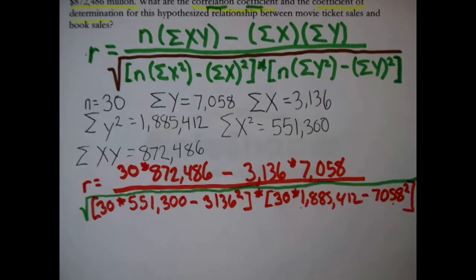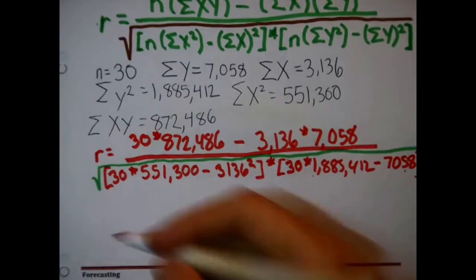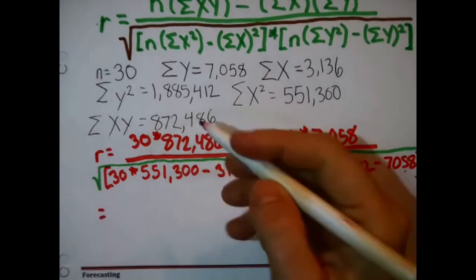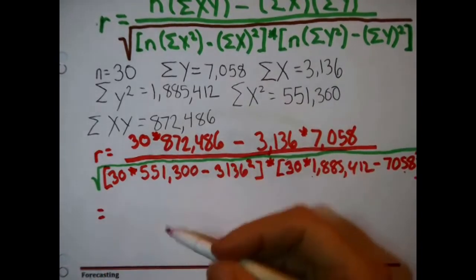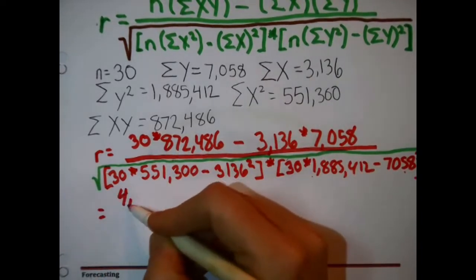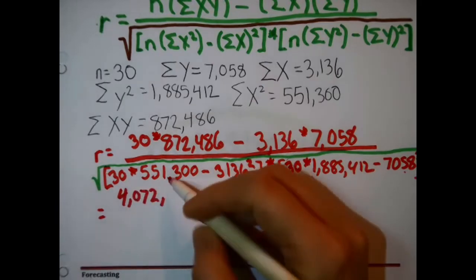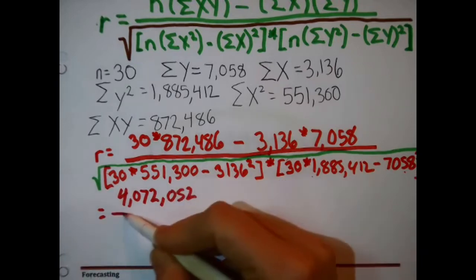All right. If you want to track your calculations along with mine, what my calculator shows is that the numerator, if you've done this, remember the multiplication first, then the subtraction, I get 4,072,052. That's the numerator.